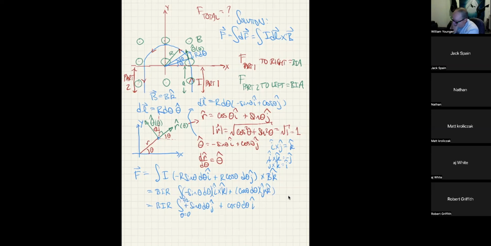Now from symmetry, remember, we already argued that the x components should cancel out. And sure enough, the derivative of sine is cosine, so the integral of cosine is sine. So this part just becomes b times I times r times the sine of pi over 2 minus the sine of 0.